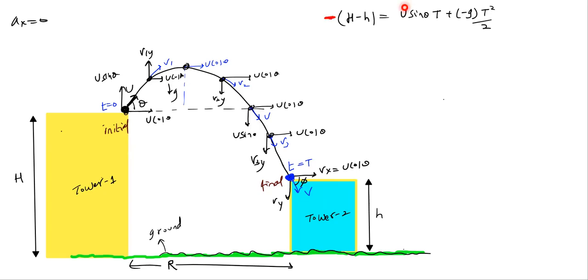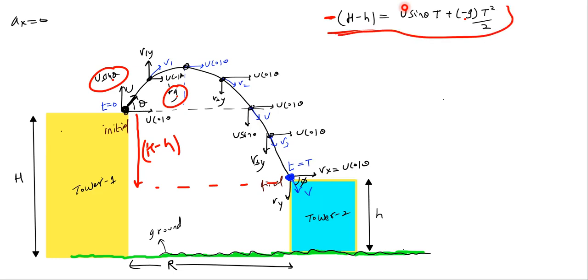Once again, why the negative sign? Because this displacement is measured opposite to u sin theta, and g is also acting opposite to u sin theta. I think I am repeating this n number of times so the students can really stress on this particular thing. The entire projectile motion is writing equations of motion.